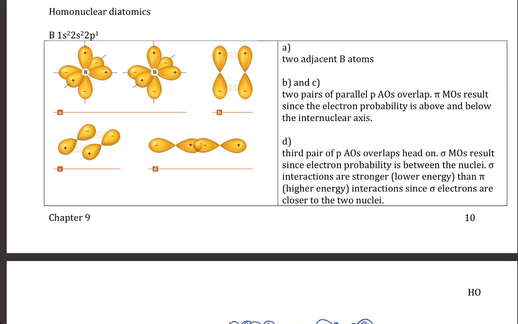The last interaction is the one shown in D. They are interacting in a head-on sort of fashion, so they make a sigma MO. Sigma MOs allow for a better interaction, so they are lower in energy in general than the pi interaction MOs.